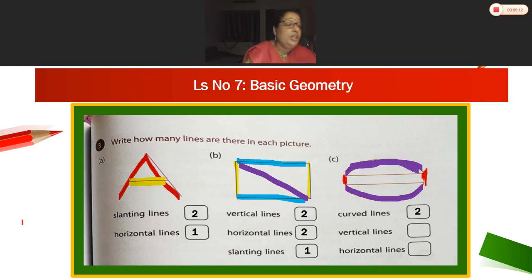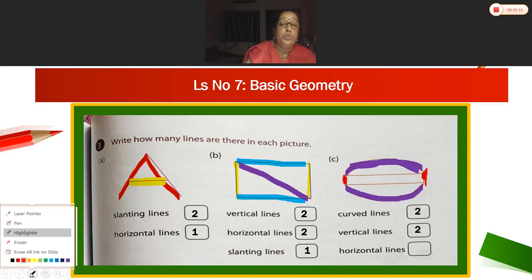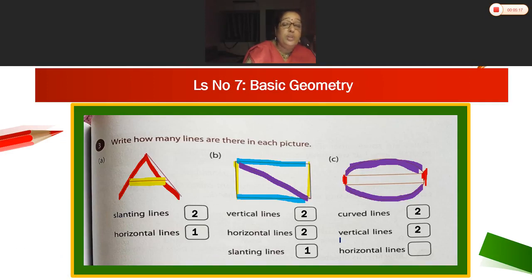So how many vertical lines are there? Two. Now we will see the horizontal lines. One horizontal line, two horizontal lines with the blue color. So in this figure, we have curved lines 2, vertical lines 2, horizontal lines 2.